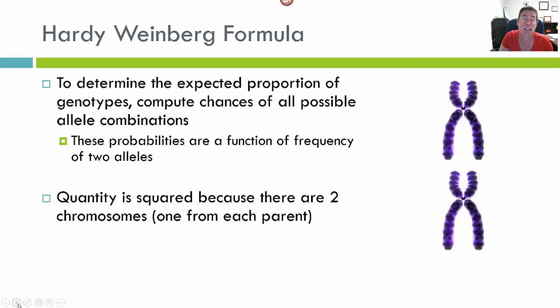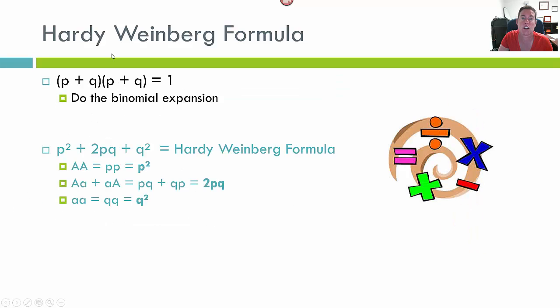The frequency that A is going to combine with B is the frequency of A and the frequency of B. The quantity is always going to be squared because there are two chromosomes, one from each parent. You can get two alleles from mom, or one allele from mom and one allele from dad, but every individual has two alleles of each trait. So the Hardy-Weinberg formula is (p plus q) times (p plus q) equals 1.